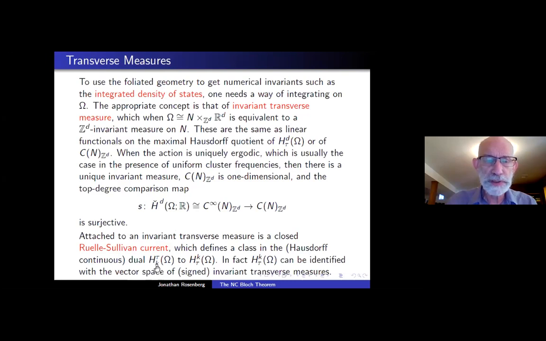So this is in top degree tangential homology. And this homology group can be identified with the vector space of the signed invariant transverse measures. In the uniquely ergodic case, this thing is one-dimensional, and that invariant transverse measure is actually, if you normalize it correctly, positive.